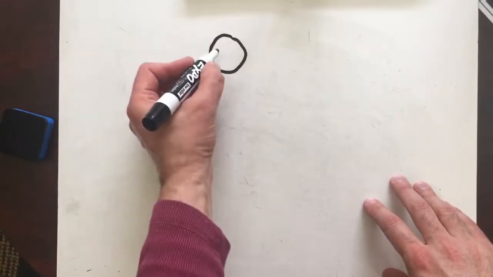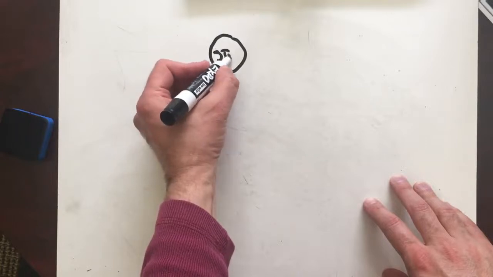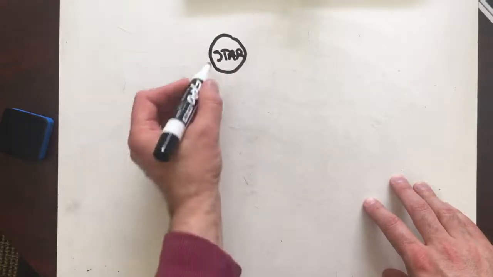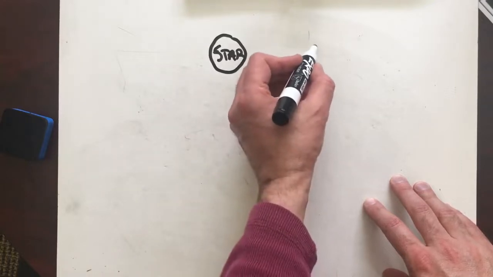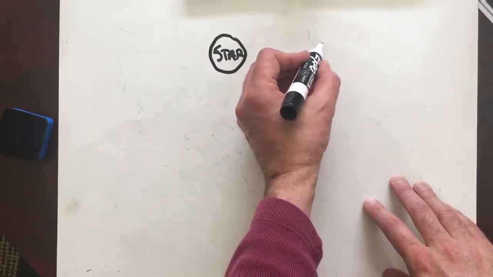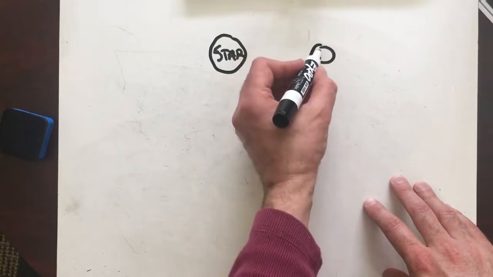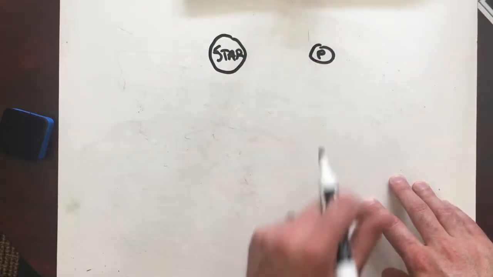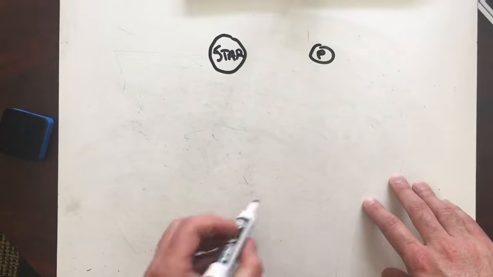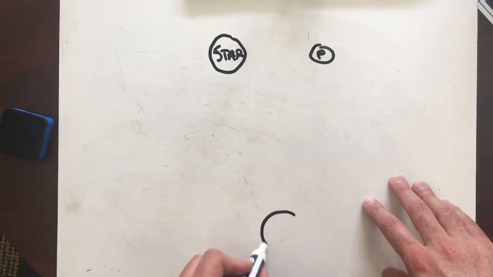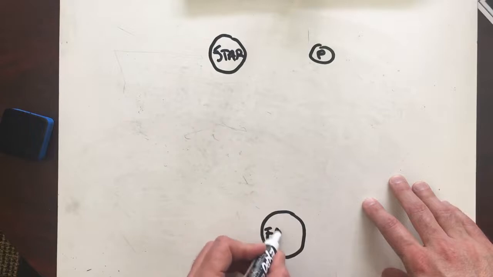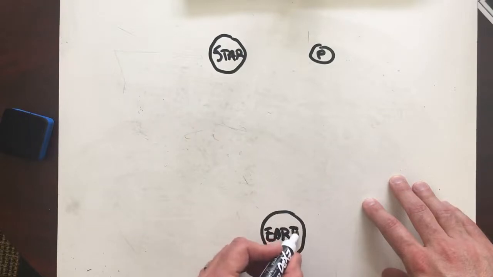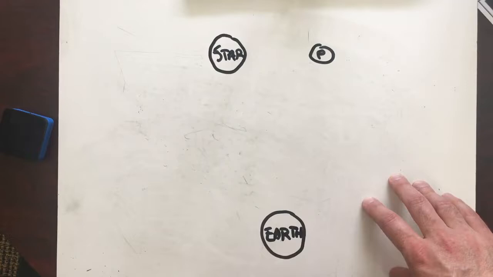Up here, we've got our star. There's our star. And we've got the planet, I'll just put P for planet, some distance away from the star. And way down here, not to scale, of course, is Earth.